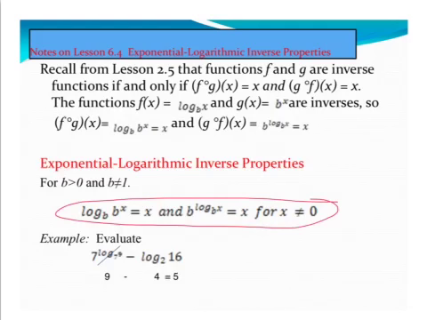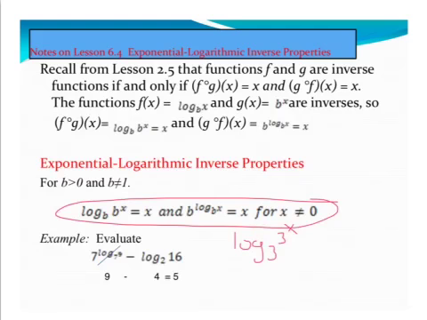Now, what that basically tells us is when you see a repeating number with the logs, like log base 7 of 7, or let's say log base 3 of 3 raised to the x, we know that this part right here, the log base 3 of 3, is going to go away.